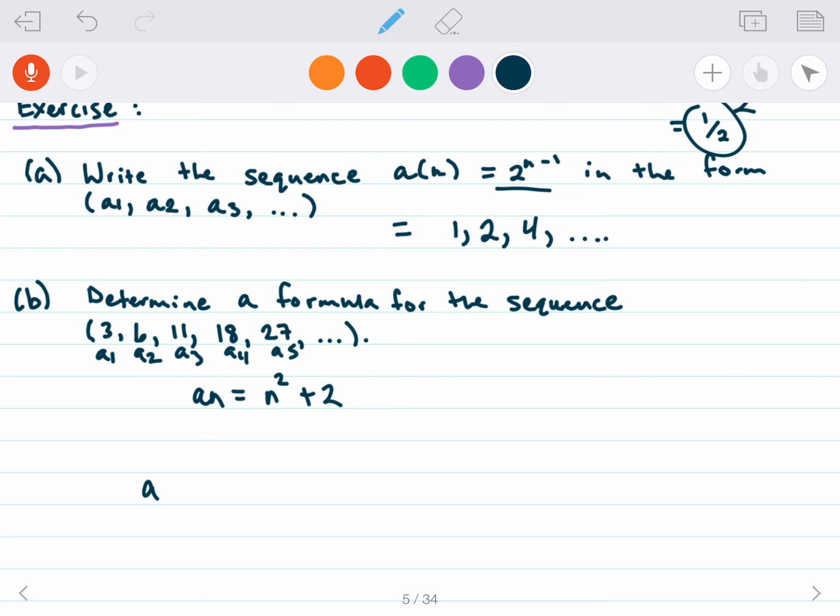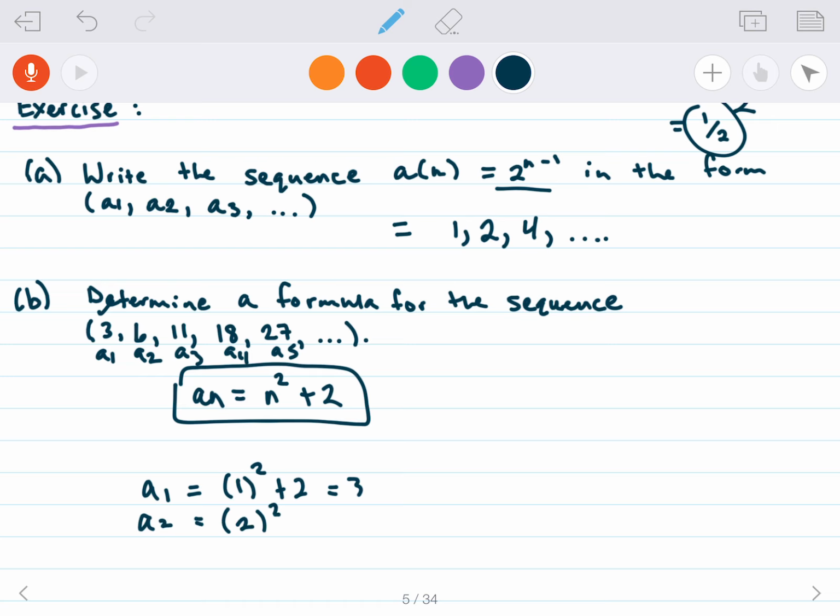If you put each of these natural numbers into the rule, a sub 1 is 1 squared plus 2 gives us 3 for the first one. That checks out. A sub 2 gives me 2 squared plus 2 equals 6. That checks out. And you would do the same thing for the other ones to see that this is the rule.